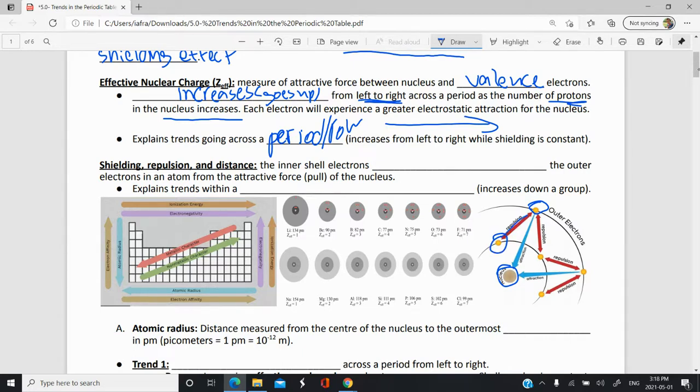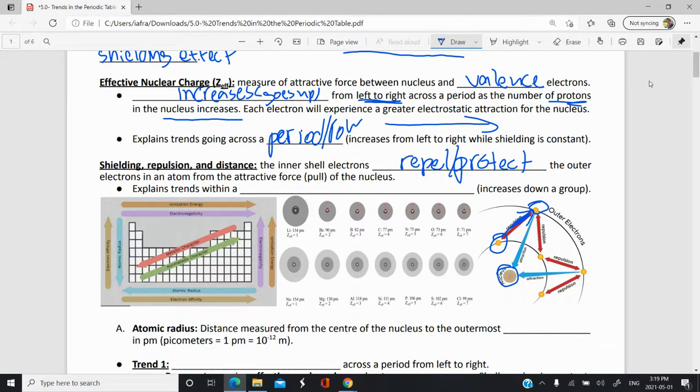And those inner electrons will push away the outer electrons even more because they have the same charge and they repel each other. So the inner shell electrons will repel the outer electrons in the atom, and they'll also reduce the attractive force of the nucleus.